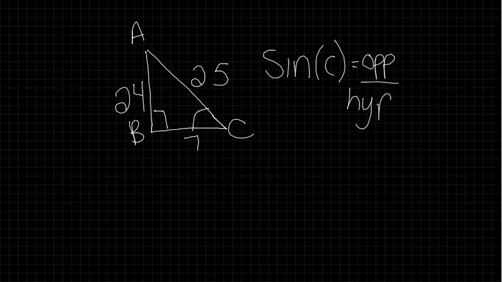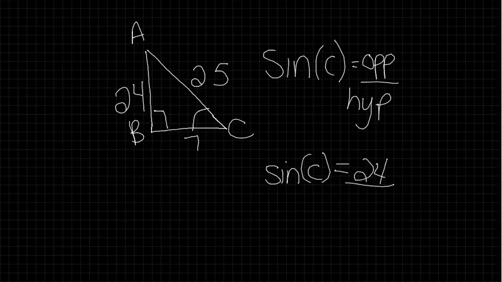In this case, we would be looking at our segment opposite of C, which is AB, and AB has a length of 24, so we're going to write 24 over our hypotenuse, which in this case is AC, and that is 25 units. So sine of C is going to be 24 over 25, and whatever that reduces to.